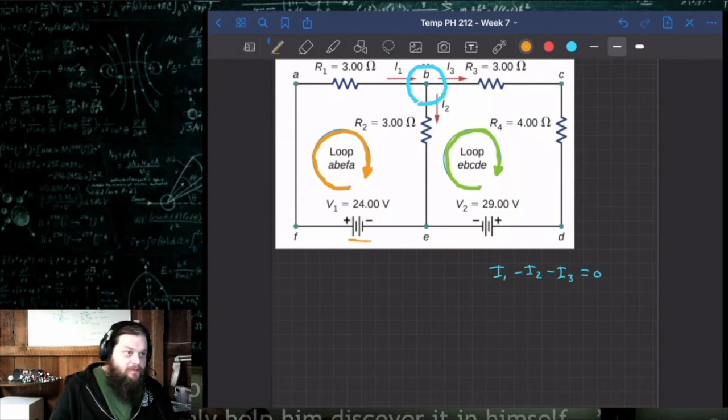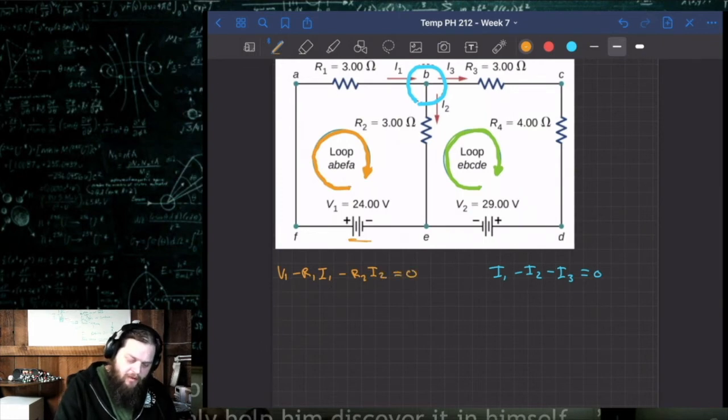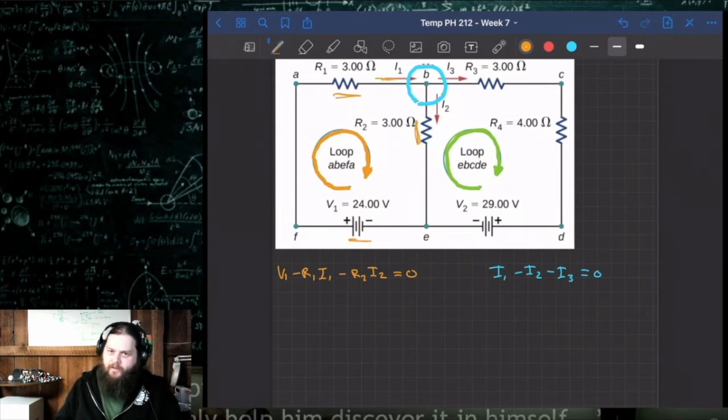It's a little easier. So I'm going to start with V1 minus R1 times I1 minus R2 times I2 is going to equal 0. And that's just going around that loop. The voltage drop across here, the voltage drop across here. The current on each of these is in the same direction as my loop, so that's why they're both voltage drops. They're both negative values.